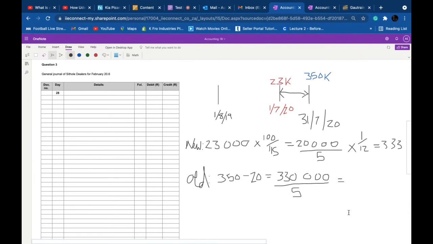So 330 divided by 5 is going to give you 66,000. Okay, so now the total depreciation there is then going to be 66,000 plus the 333. Okay, so we now know that here in our journal we're going to have depreciation, and this is obviously depreciation on machinery.